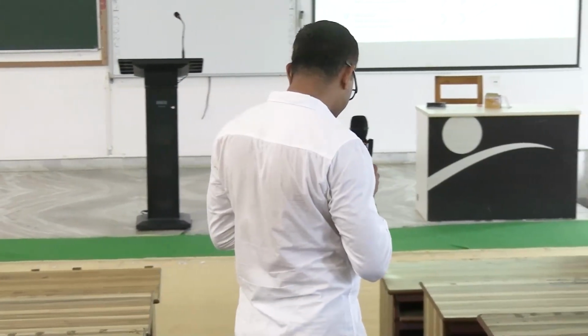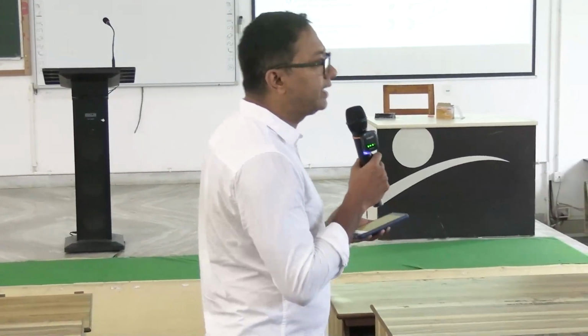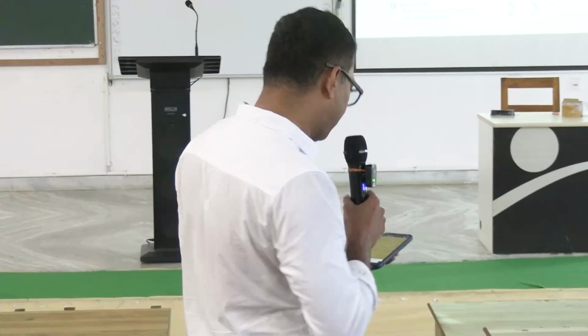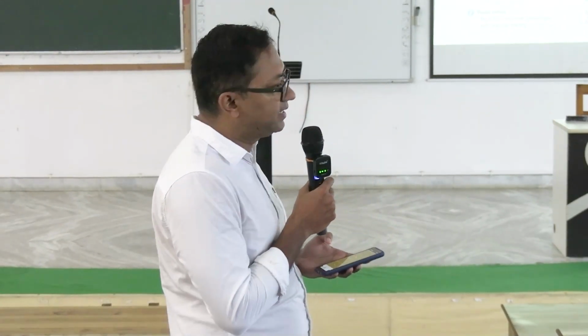Similarly, if we draw a horizontal line within the retina, your upper retina sees the lower visual field, and the lower retina sees the upper visual field. So crossing is there, temporal and nasal, and also upper retina and lower retina.